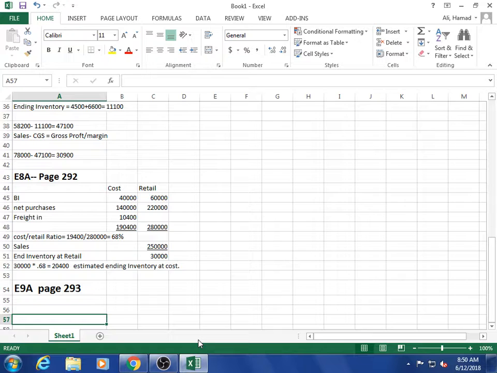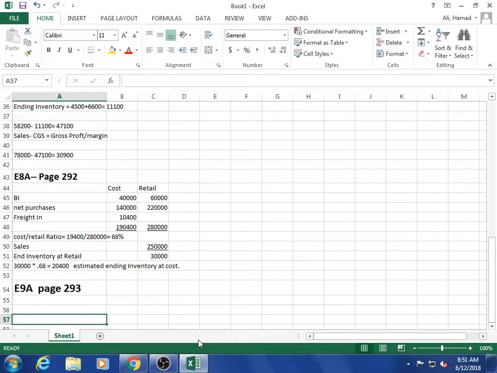All right. Again, also the gross profit method. What are we looking for in it? Also, the gross profit ratio is going to be given to us. So if we have our sales, and we find our gross profit at retail, once we take this ratio out of it, it will give us the estimated ending inventory.